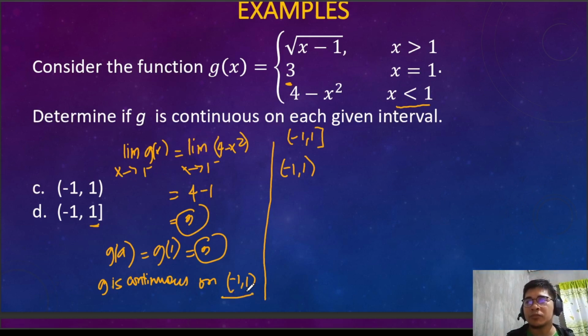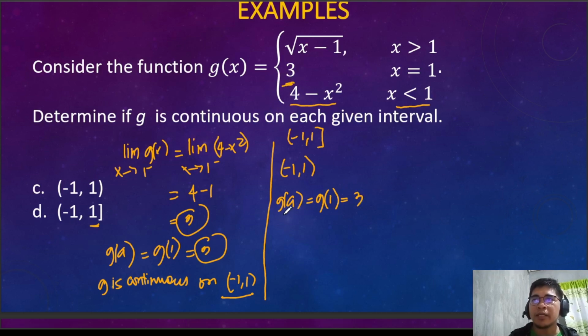So now we need to find the limit from the left of 1. From the left of 1 means smaller than 1. So we need to use 4 minus x squared to find the limit. First, our g of a is equal to g of 1, which is equivalent to 3.